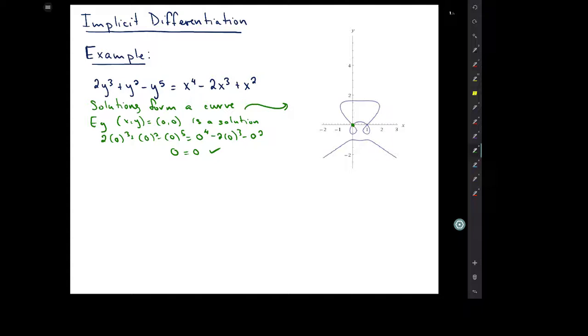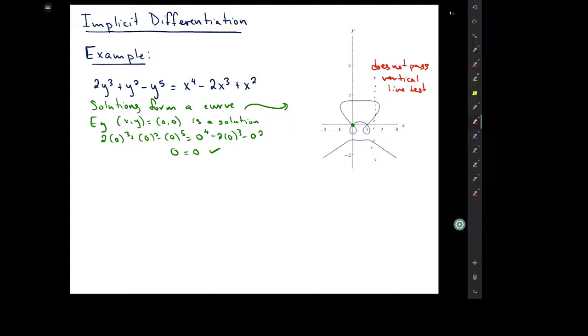So one of the things that you probably notice looking at this graph is that it does not pass the vertical line test, which means that it's not defined by a function. It is not a function.